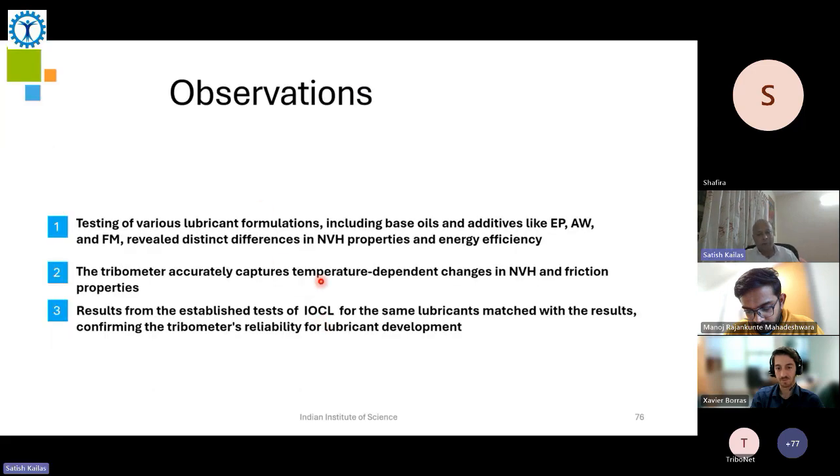So we have now built another tribometer. Those of you who want to visit my lab can come and see this tribometer, where instead of using a bearing, we are using an air bearing, an aerostatic bearing. So there the damping comes down even further. So your no load cycle, if from 6,000 seconds I go to something like 30,000 seconds.